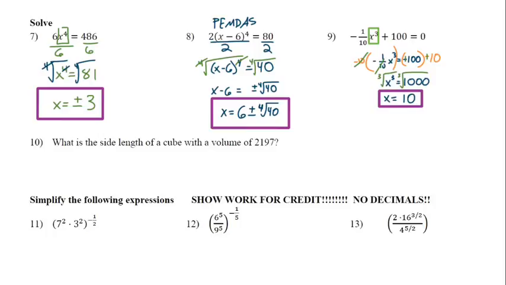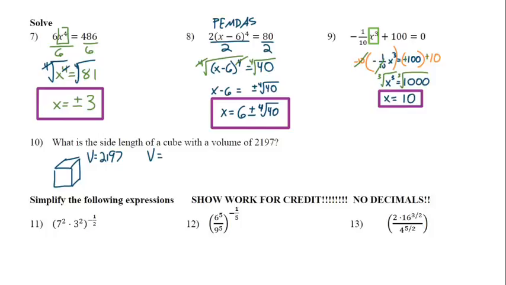All right, last one, number 10. What is the side length of a cube with a volume of 2197? Okay, a cube. Remember, a cube. Volume equals the base times length times height. But in a cube, base, length, and height are all the same.